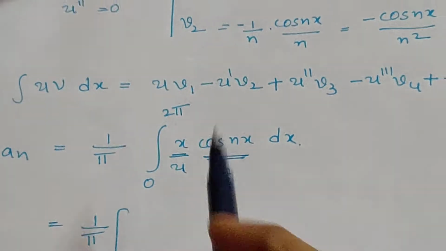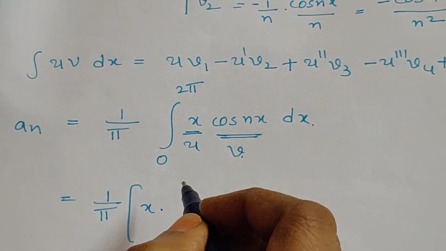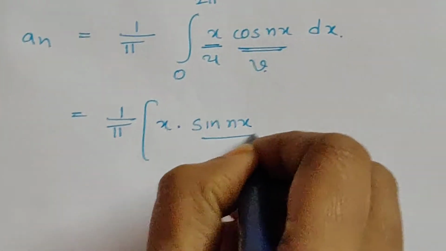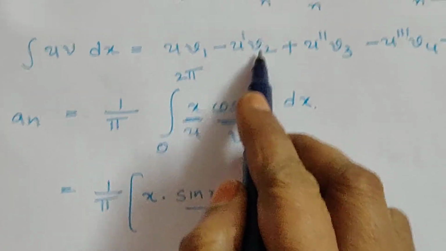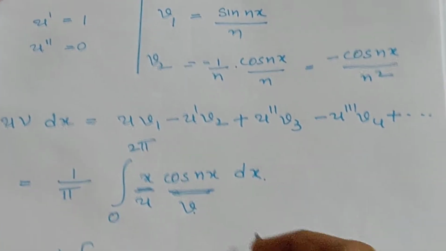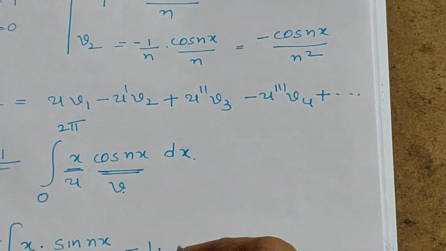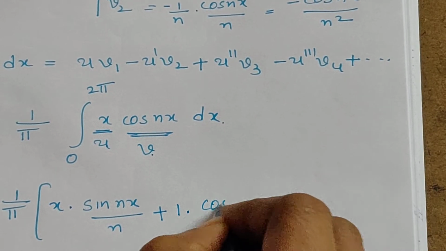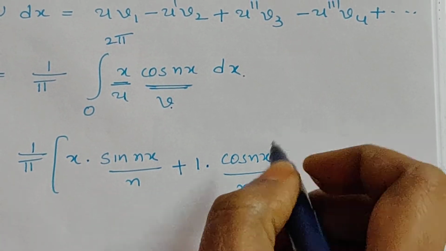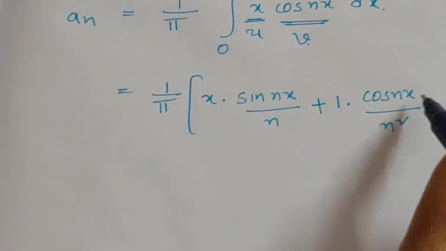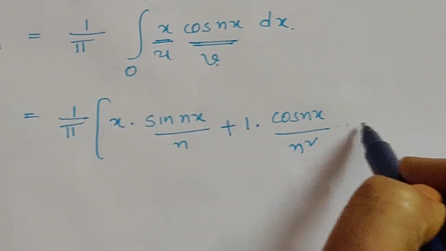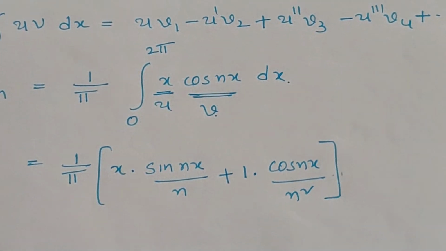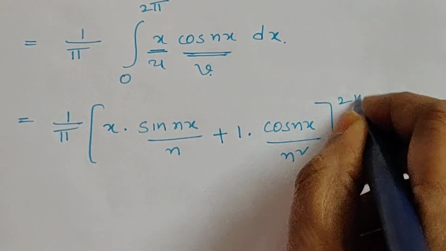First term: u v1 is x sin nx/n. Minus u'v2: u' is 1 and v2 is −cos nx/n², with the minus sign already there, so it becomes plus cos nx/n². Next term u'' is 0, so the formula stops. Limits are from 0 to 2π.